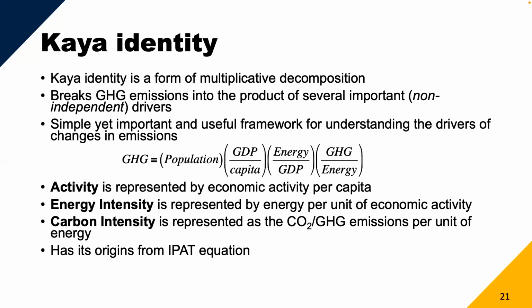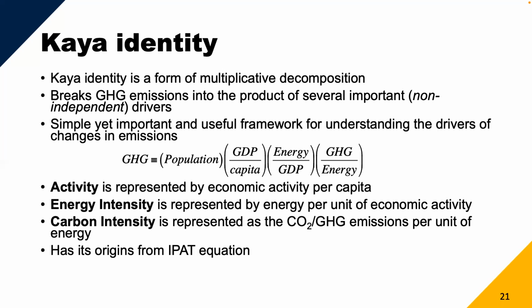The way that people have generalized this equation is to represent activity in really simple terms by economic activity per capita. So that's this one here. Energy intensity is represented by energy per unit of economic activity, so energy per GDP.